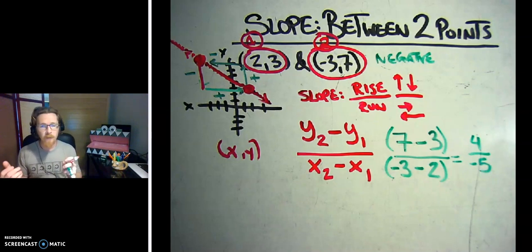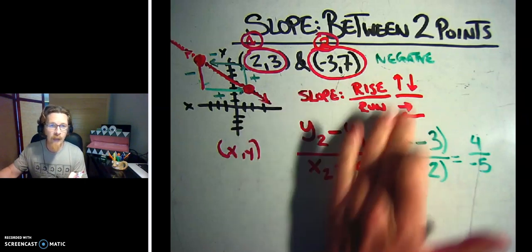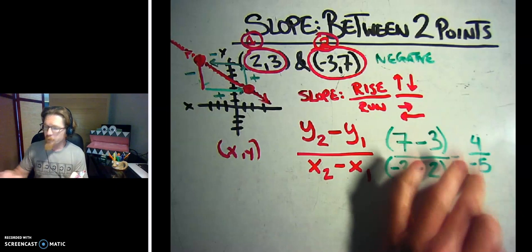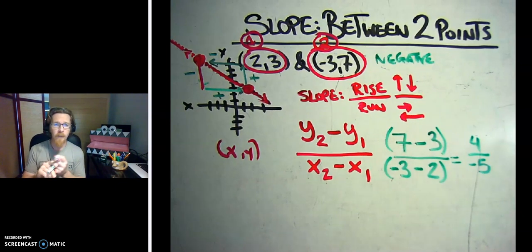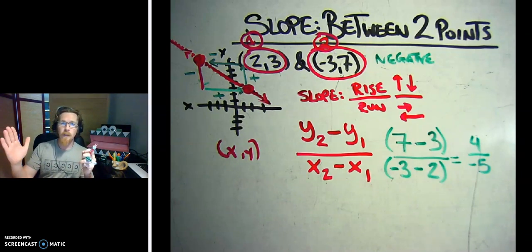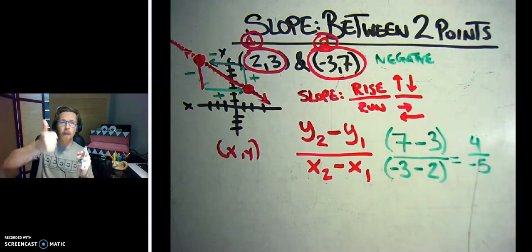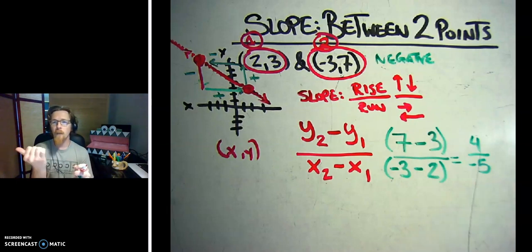Now we could divide this into a decimal, but because slope is generally referenced as a fraction, rise over run, I think 4 over negative 5 is a good answer. But one thing to consider: when we talk about graphs, just like we read books in English, we read from left to right. So when I look at 4, 4 is positive. That means you go up. And when I look at a 5 that's negative, that's going to go left.